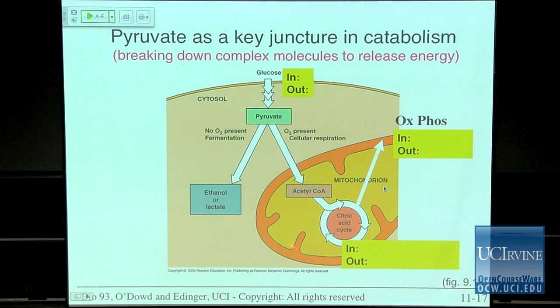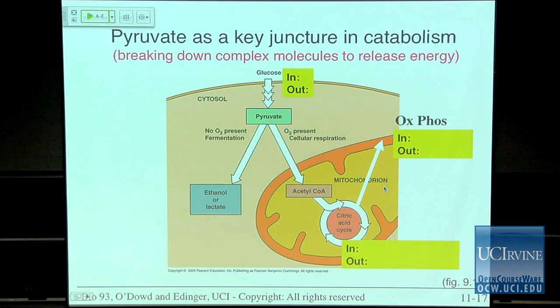What you should be able to do is look at this part of the pathway we just talked about, where glucose comes in and through glycolysis is formed into pyruvate, goes into acetyl-CoA, the citric acid cycle, and oxidative phosphorylation. You should be able to write what is going into each of these and what's going out without looking in your notes. If you can do that, you'll have been able to play through in your mind a lot of what's going on here.